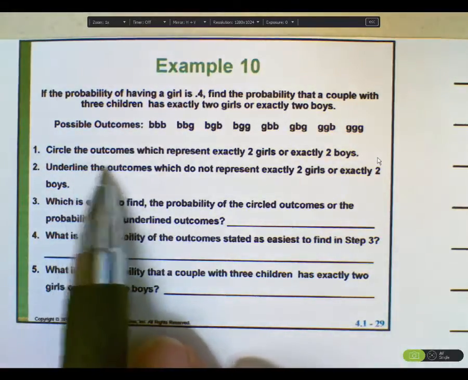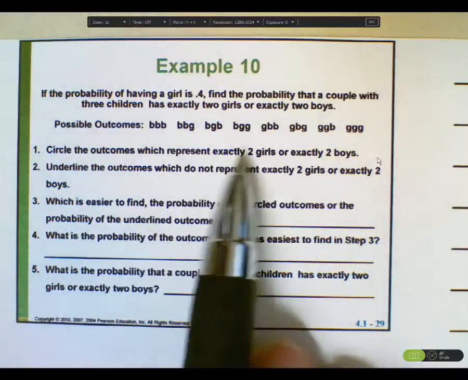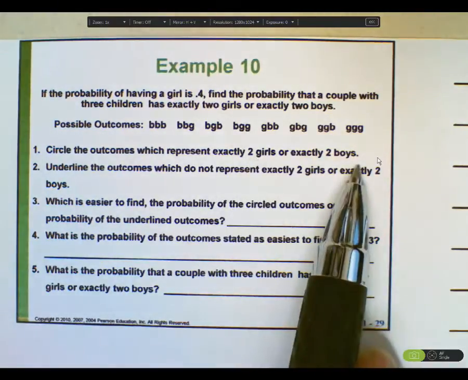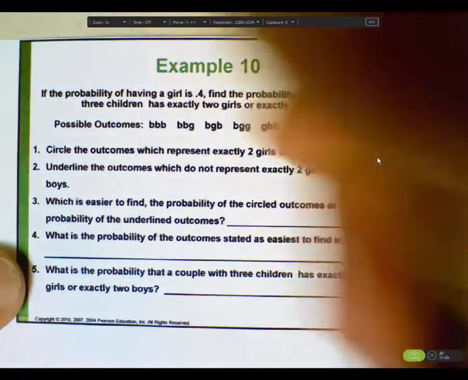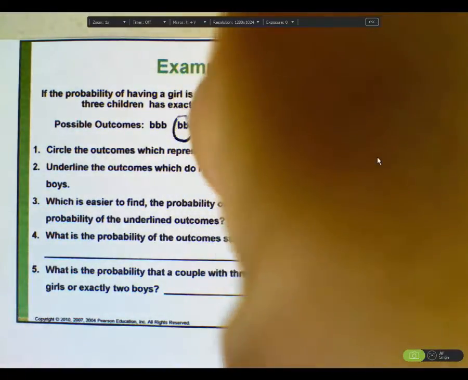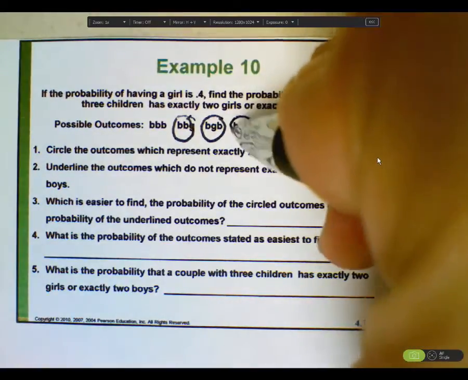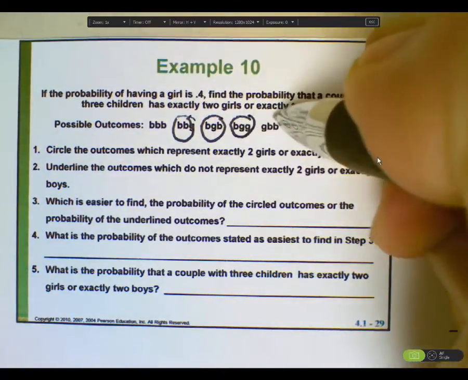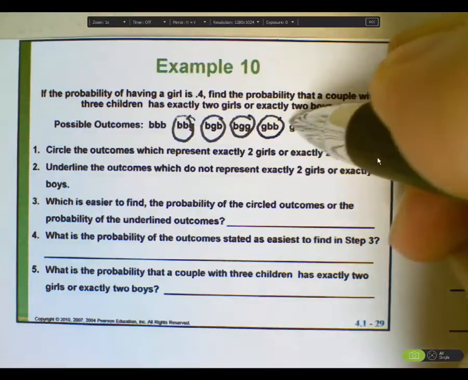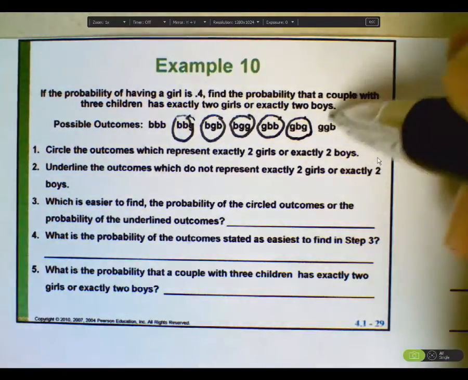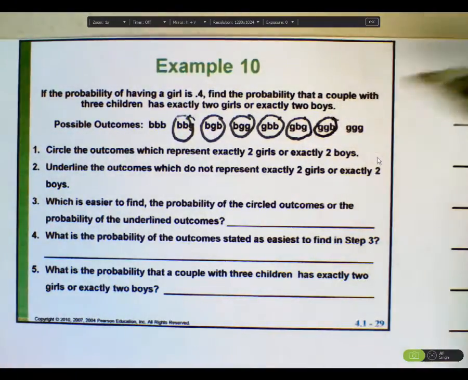Number 1 says circle the outcomes which represent exactly 2 girls or exactly 2 boys. This is exactly 2 boys, exactly 2 boys, exactly 2 girls, exactly 2 boys, exactly 2 girls, exactly 2 girls.